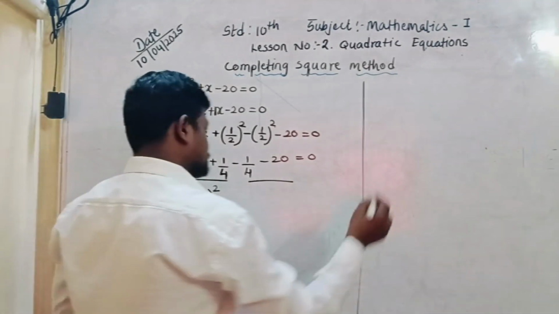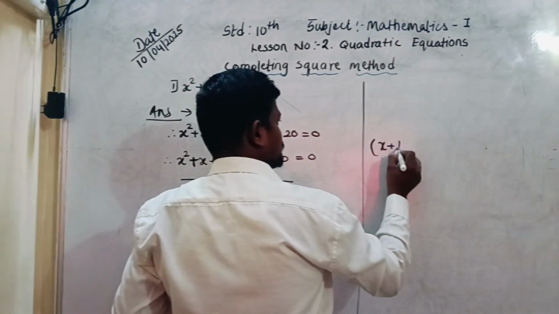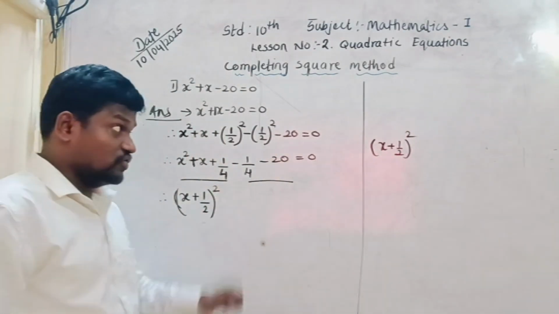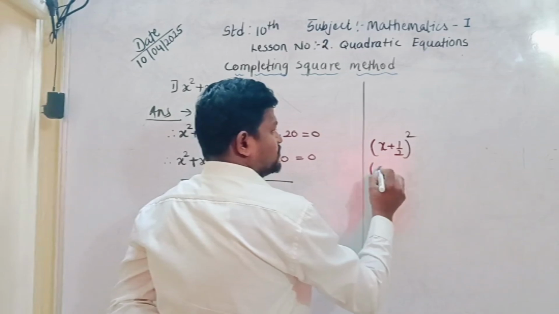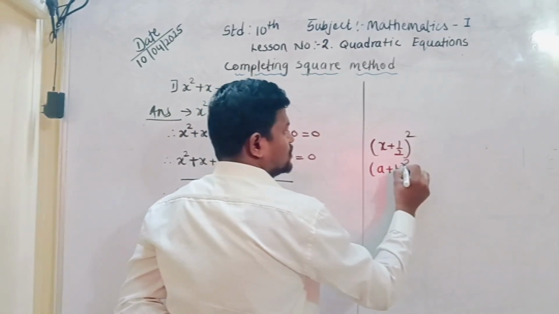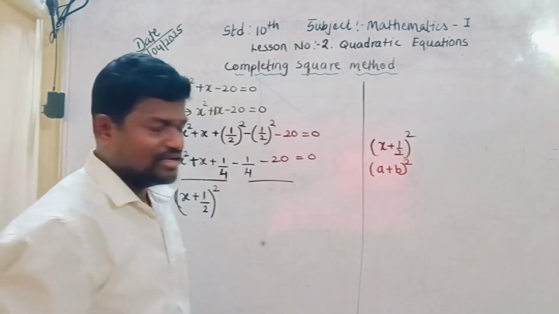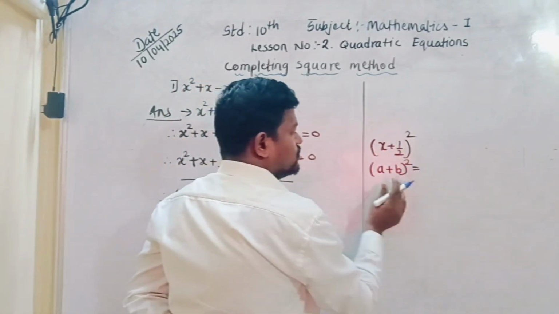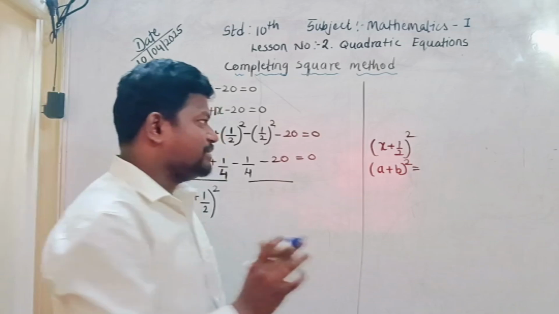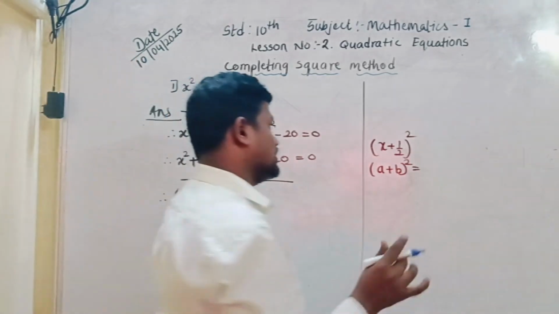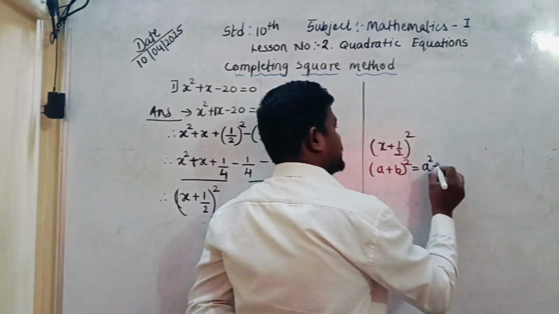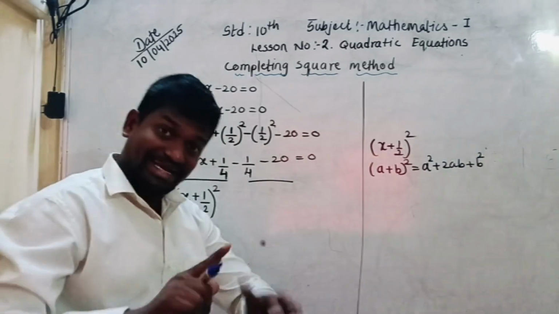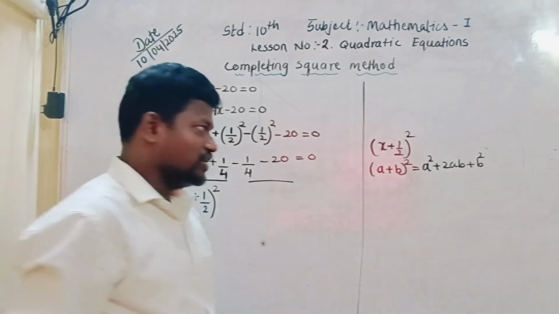So you may wonder whether it is right to write shortcuts or not. So let's check. See, we wrote this, so check. This expression looks like this, right? So x is our a and 1 upon 2 is our b. For (a plus b) bracket square, we have the expansion formula, that is a square plus 2ab plus b square. So now expand these values.